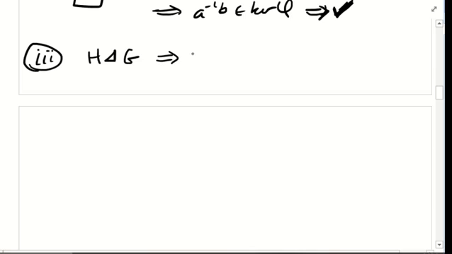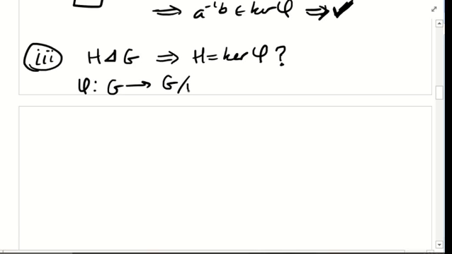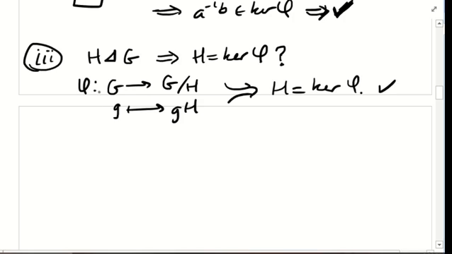We want to show, is H equal to the kernel of some homomorphism? Okay, question mark. Well, yes, it is. I mean, take phi to just be the canonical map from G to the factor group, and H will be the kernel. So take G and send it to GH, and H equals the kernel of phi. Okay, so if you're normal, then you are the kernel of some homomorphism.